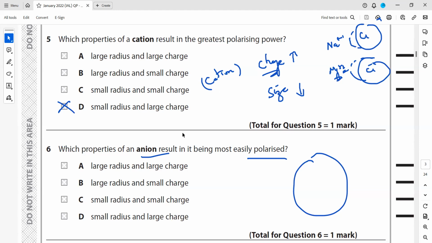So easily polarized should have a large radius and large charge as well. If a large charge is there, attraction will be stronger, and as a result it will be more polarized. And if the size is larger, the electrons are far from the nucleus, so it will also cause maximum polarization.